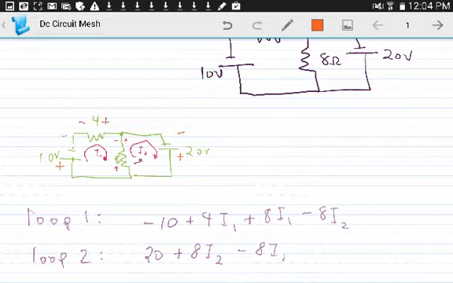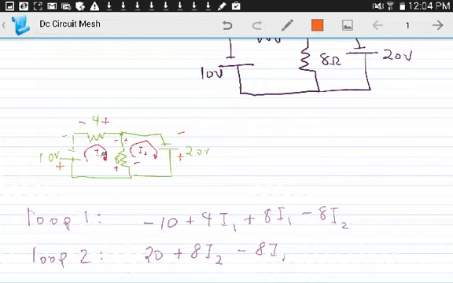We also have I2 acting on this element to influence the voltage, so we have to factor that in. Since we're looking at the voltage from the perspective of this loop, this current is entering positive and leaving negative.